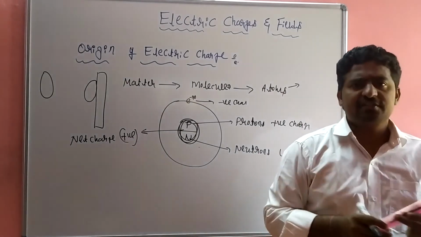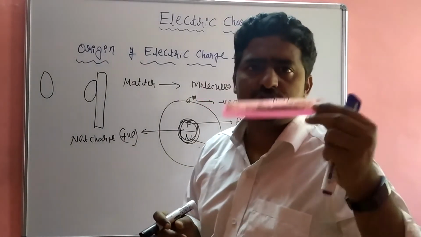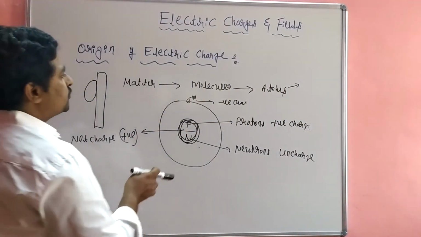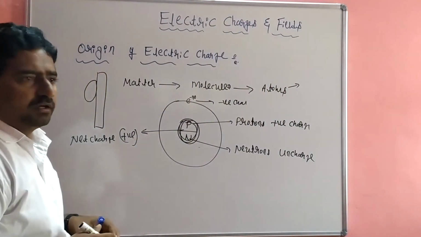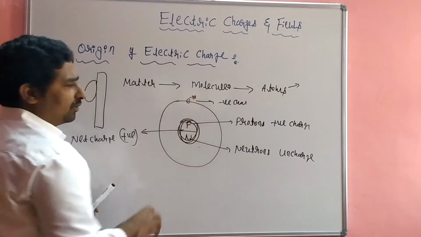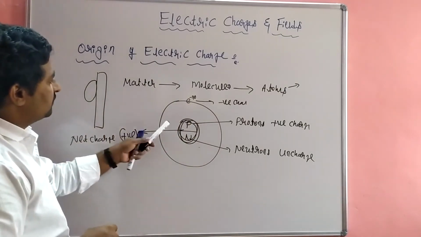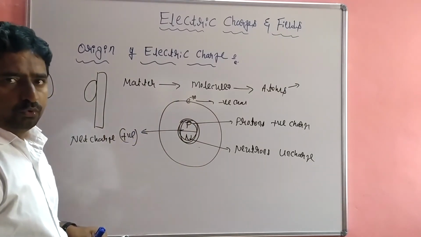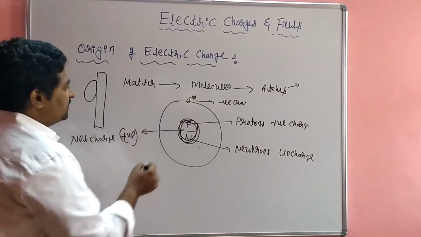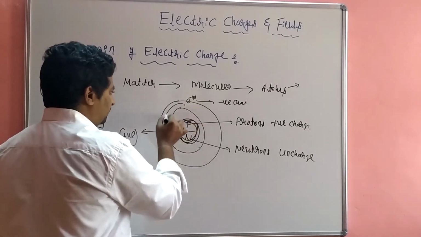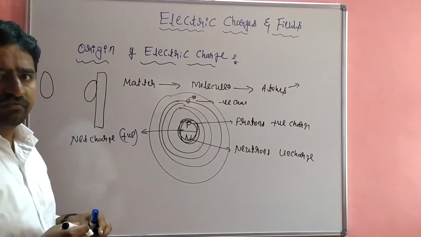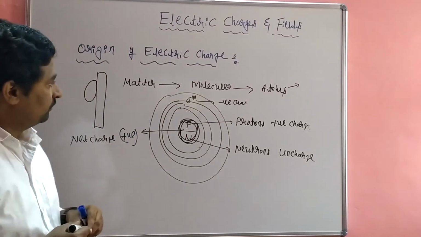In some substances, there are outermost electrons. The electrons revolve around the atom in different orbits. For explanation I took only one orbit, but likewise there are many orbits, n number of orbit shells.